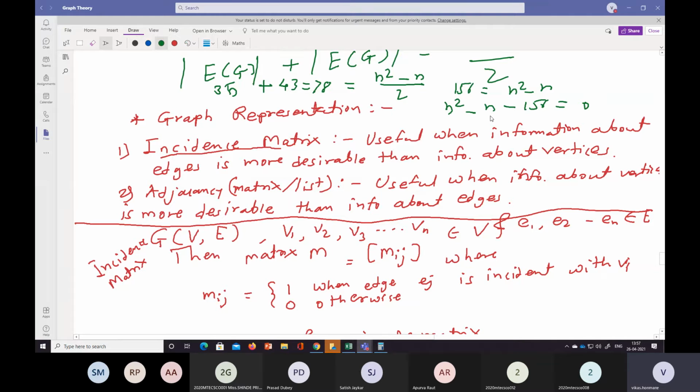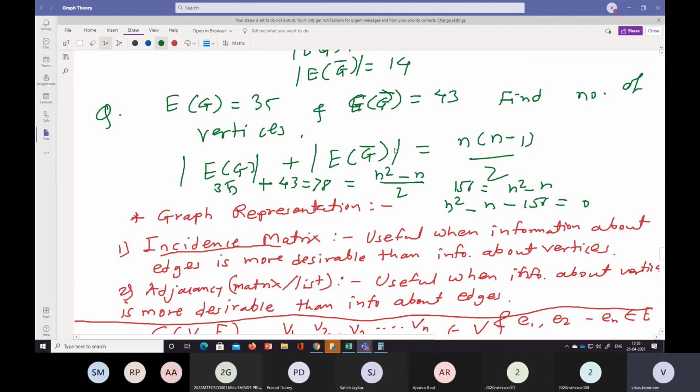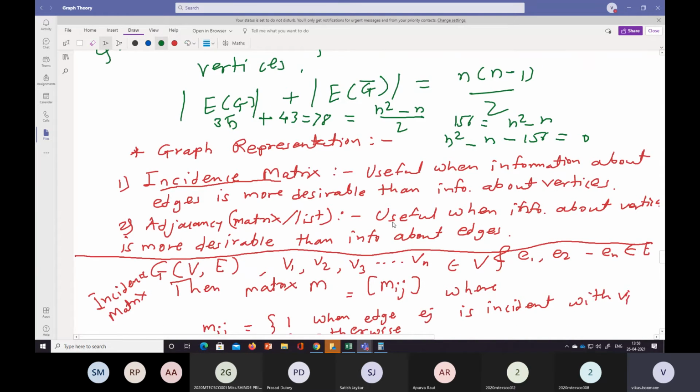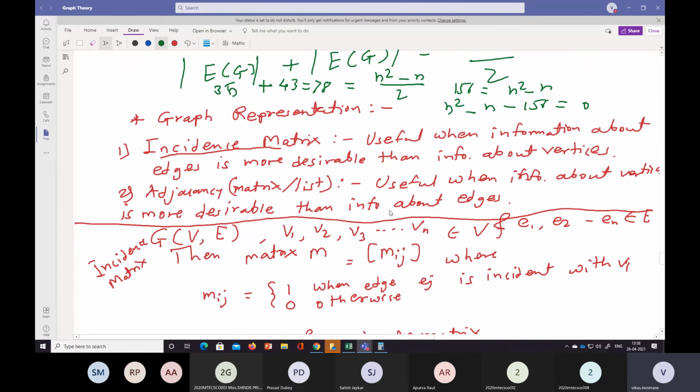The factors for this equation are 12 and 13, and based on that we neglect the negative value and we keep the non-negative value for this equation, and the non-negative value is 12. So total number of vertices is 12. Okay, so this is about the video that I have uploaded.